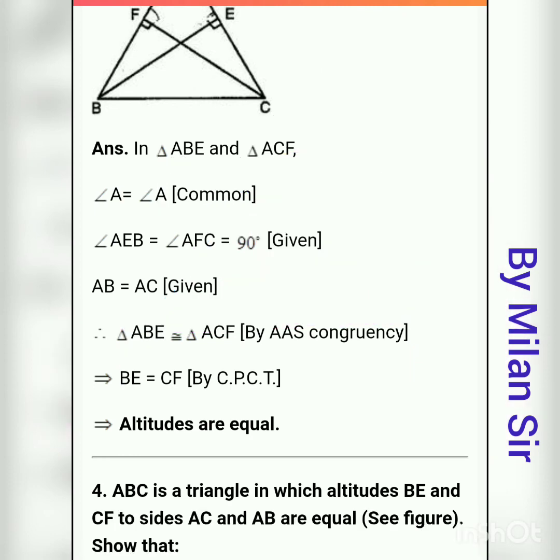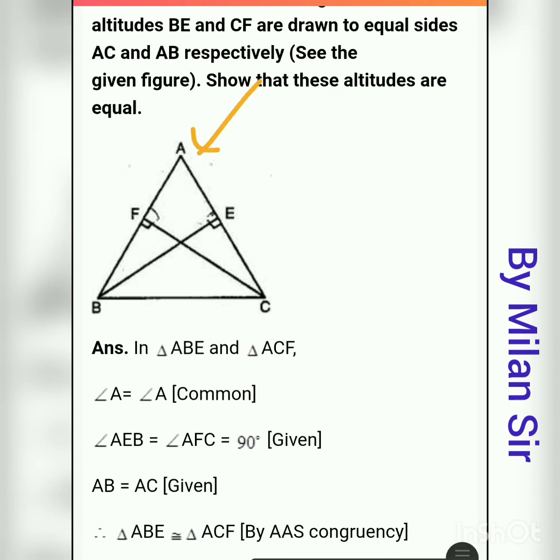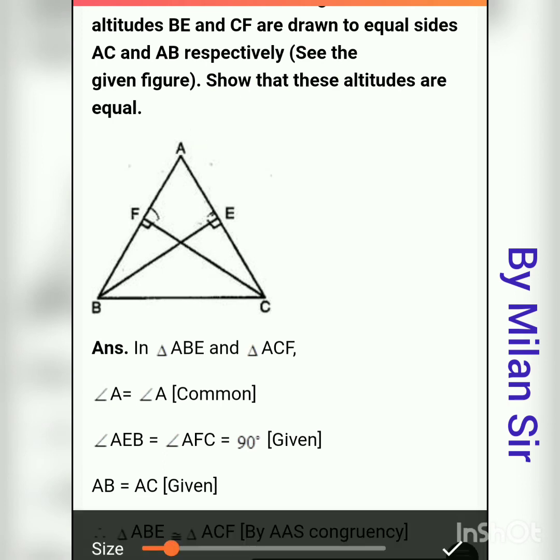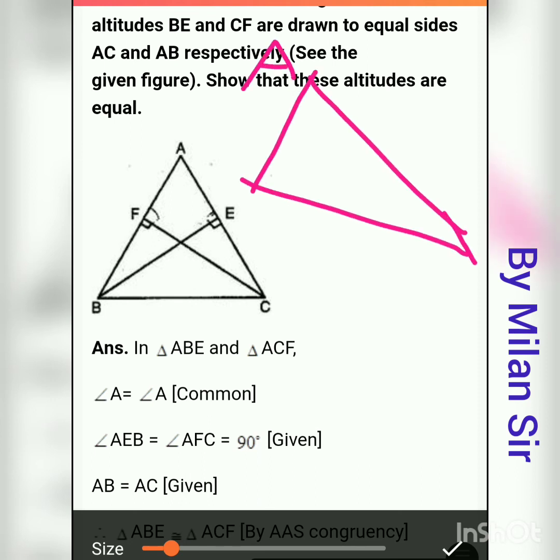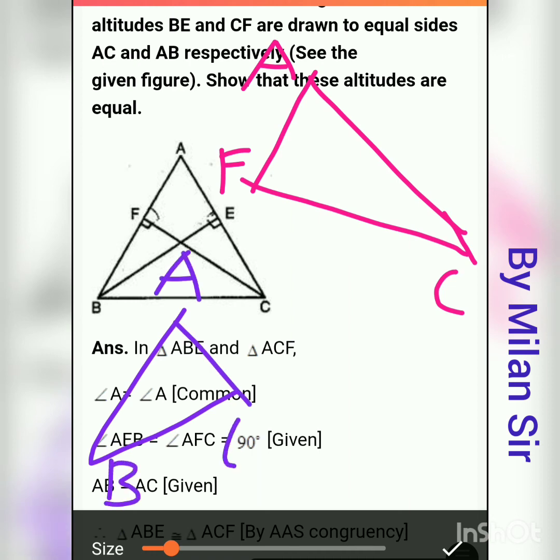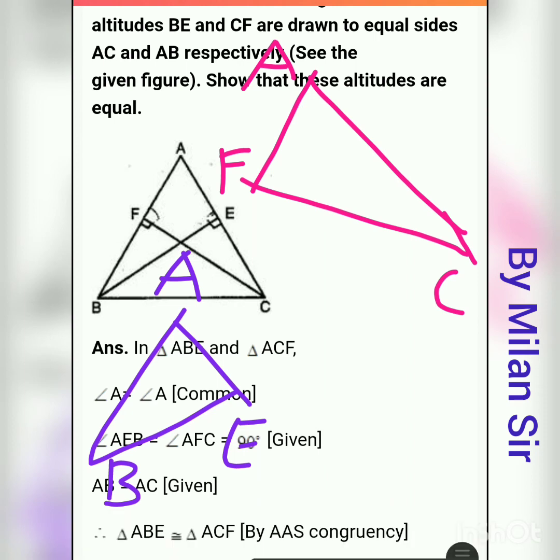Otherwise, just draw the two triangles separately. First triangle is AFC, second triangle like this, ABE. Now in these two triangles, AB is equal to AC, one side same. Here angle E is 90 degrees, here angle F is 90 degrees.